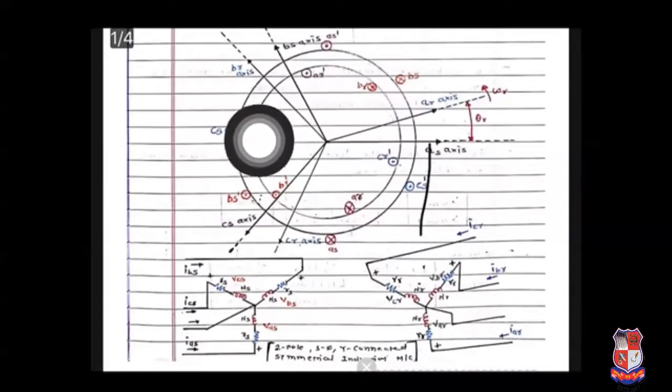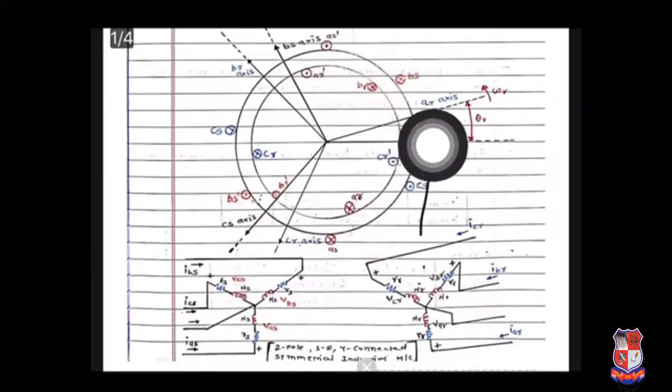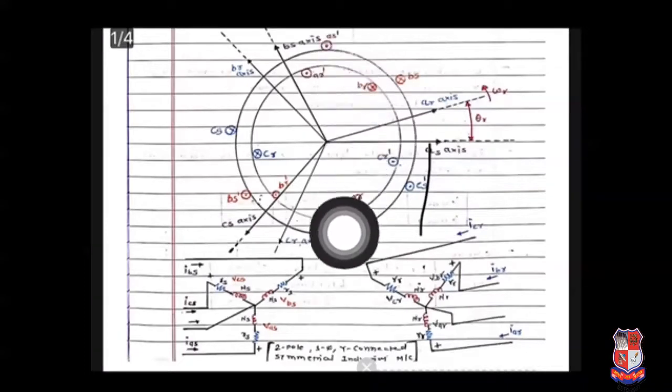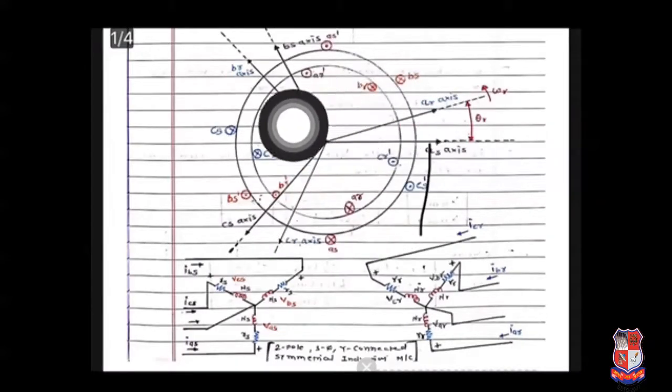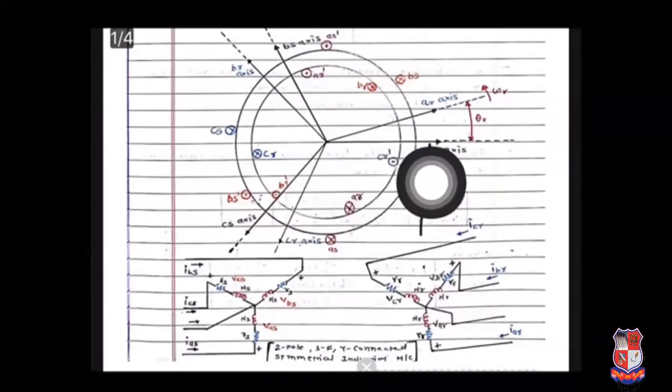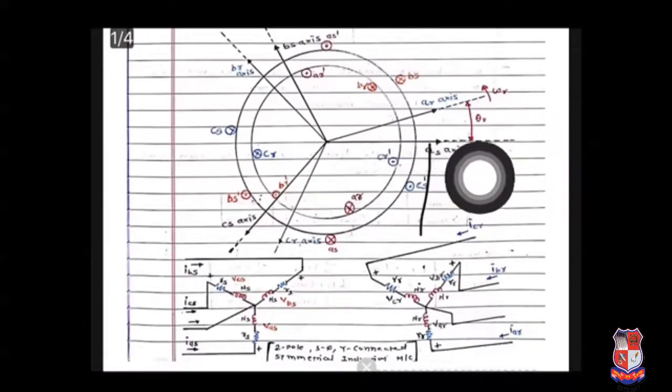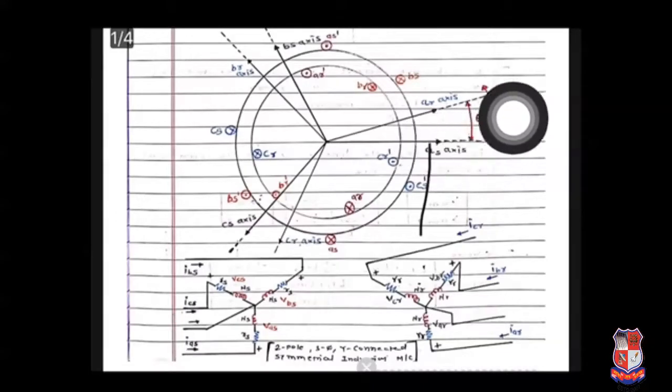The outer side AS dash, CS dash, BS dash stator windings are there, and the inner side rotor windings AR dash, BR dash, CR dash are there, and rotor and stator windings are displaced by theta r angle. AR and AS is displaced by theta r angle, and the rotor axis is rotated at the speed omega r.